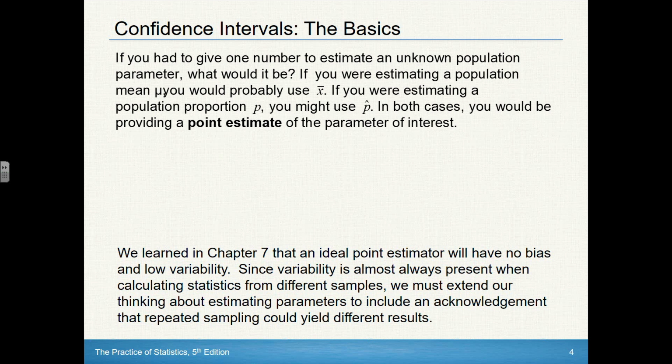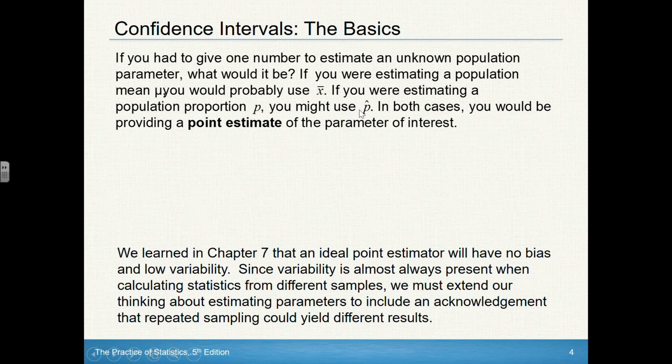So what we just went through with that mystery mean example was how to come up with a point estimate, a value that we think might represent the population. Your point estimate is probably going to be coming from either x bar or p hat, depending on whether we're dealing with means or proportions.